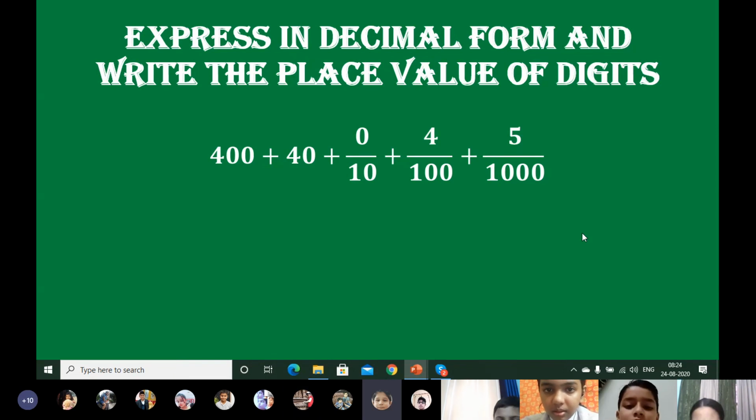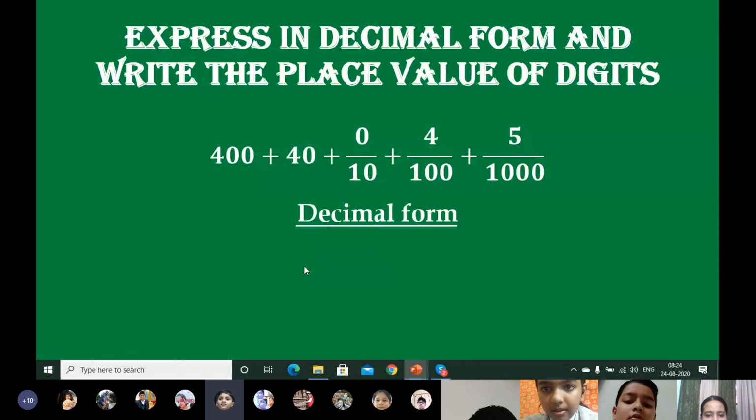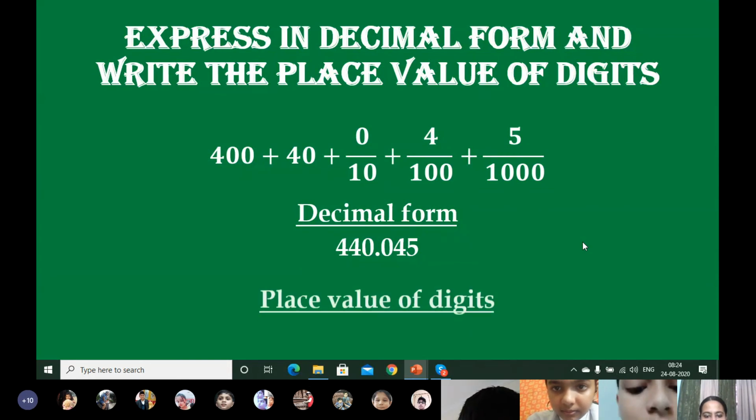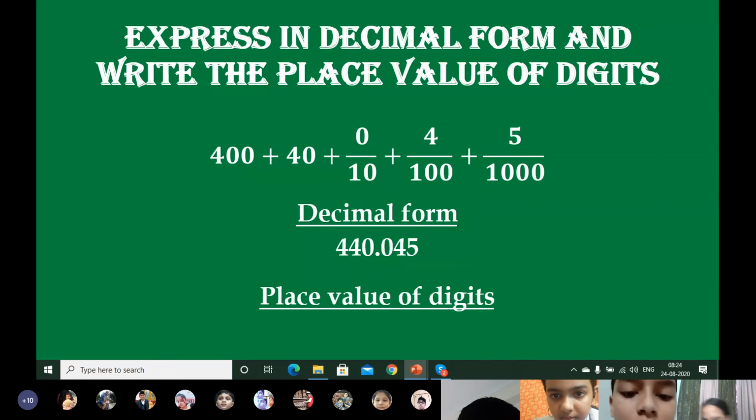440.045. So the decimal form will be 440.045. And can anyone tell me the place value of the digits? Come on, who will tell me? 400 plus 40 plus 0.